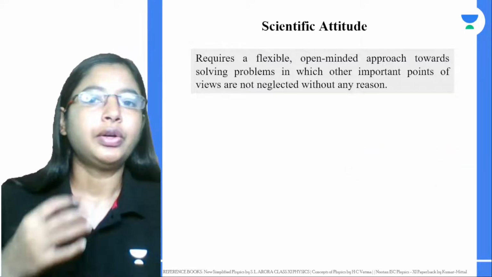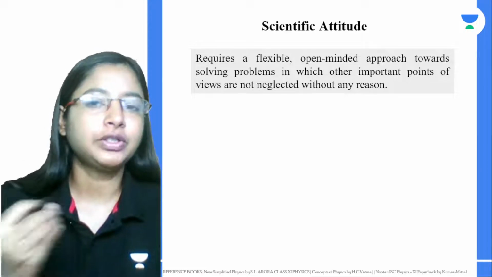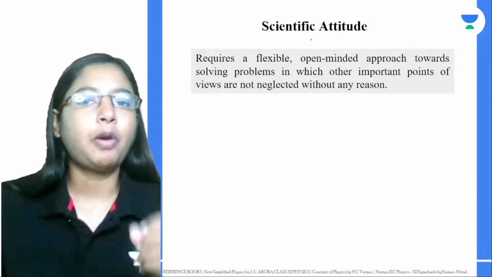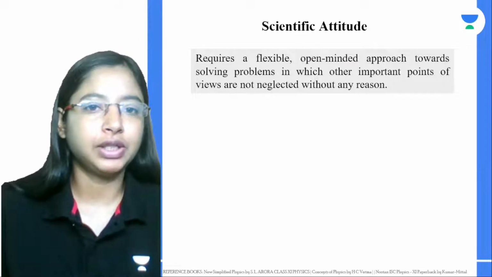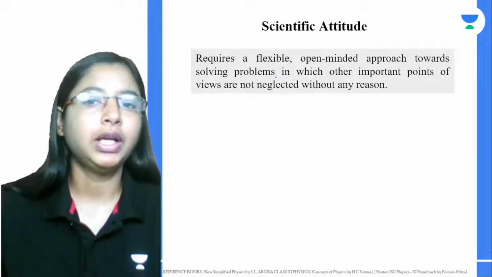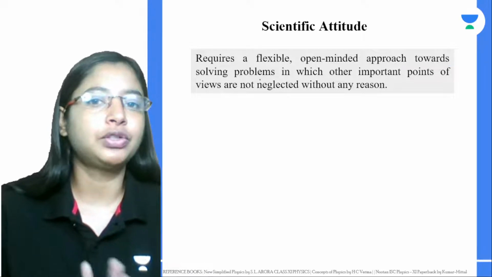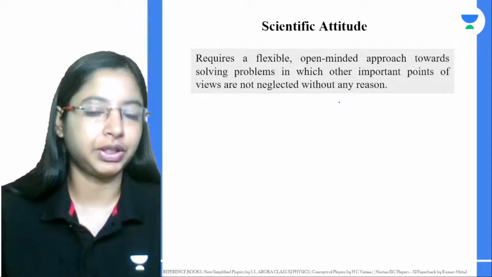Now, whenever you want to do any experimentation, you need the right attitude. You need a proper scientific attitude, and that requires a flexible mind. You should have an open-minded approach towards solving problems, in which other important points of view are not neglected without any reason.